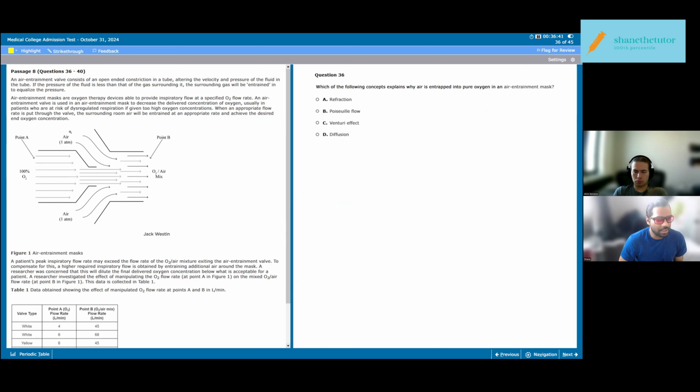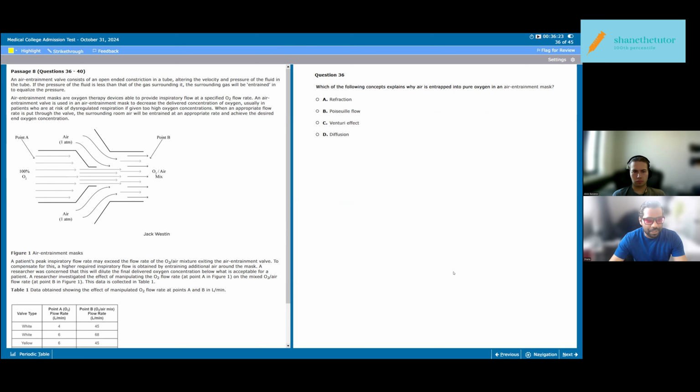Okay, so an air entrainment valve consists of an open-ended constriction in a tube. Even that, I feel like they might, well, maybe not, but what I'm thinking of when I see that is resonance.